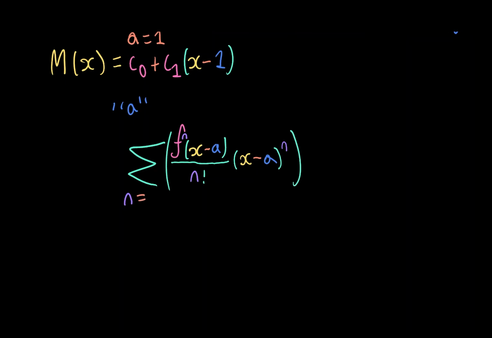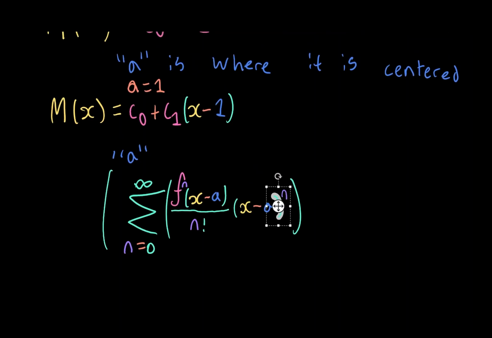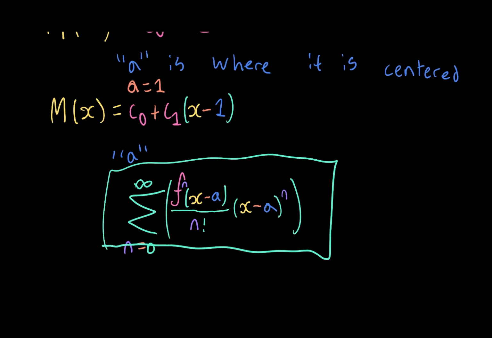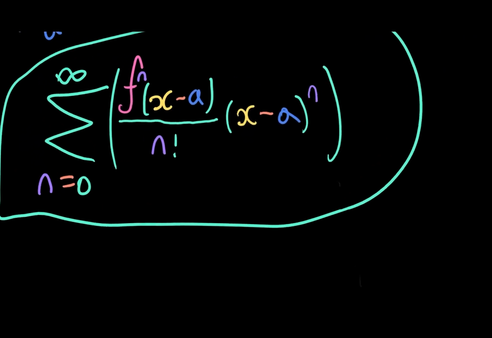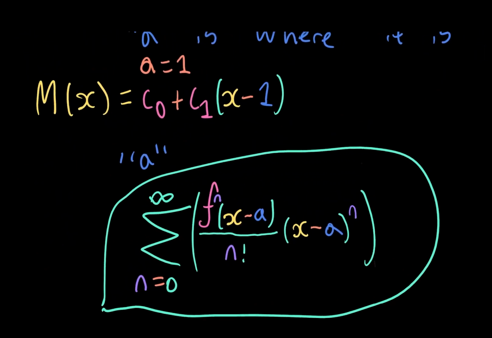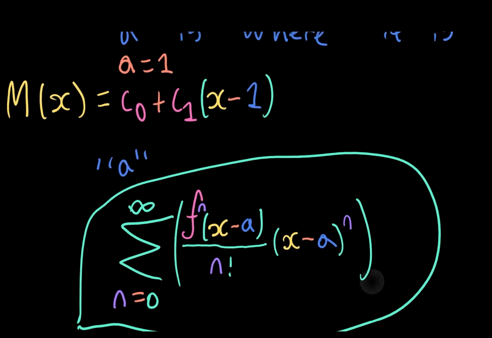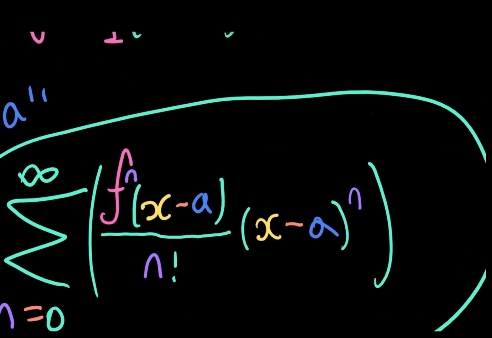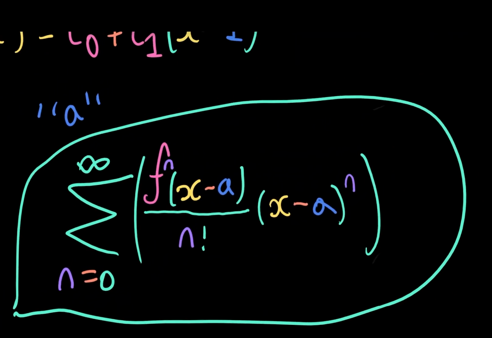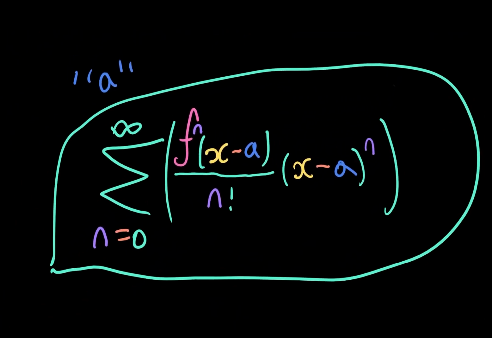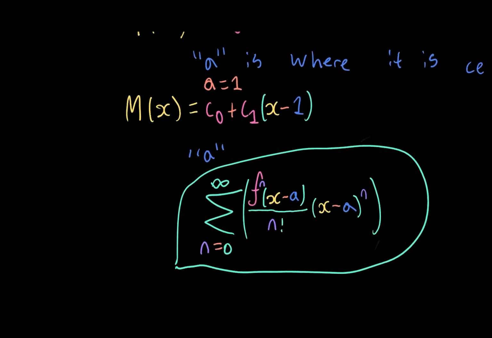Lower bound is equal to 0, and our upper bound is infinity. So this is your formula for a Taylor series. And we just have that a there. So the only difference between this one and the other one is the x minus a part, where a was equal to 0 in the Maclaurin series, so just x instead of x minus a, because minus 0 is redundant.